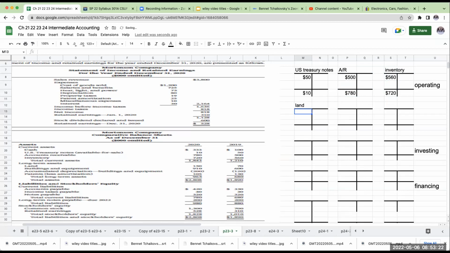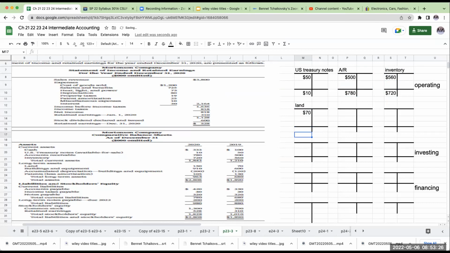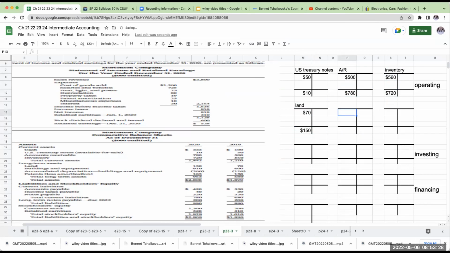Land opening is 70, ending is 150. Buildings and equipment. Opening is 600, ending is 910. Accumulated depreciation on equipment. Opening is 120, ending is 200.